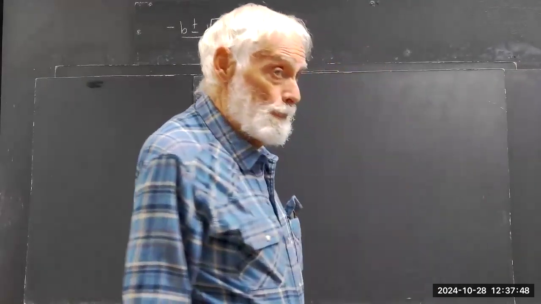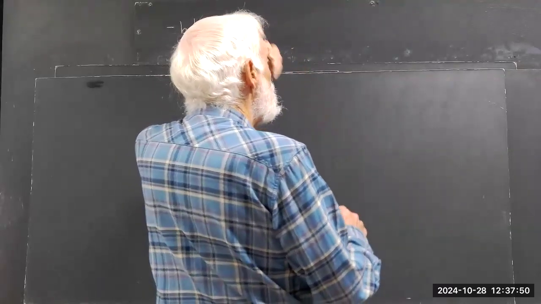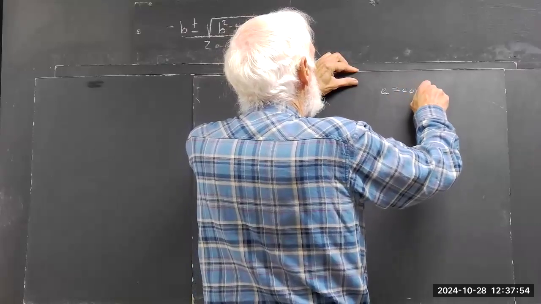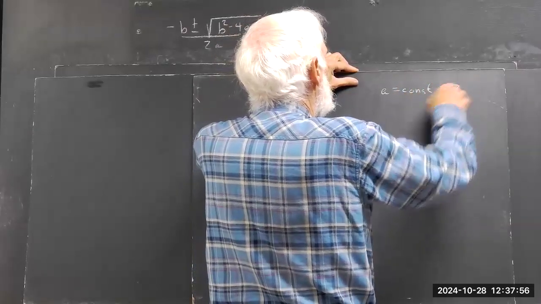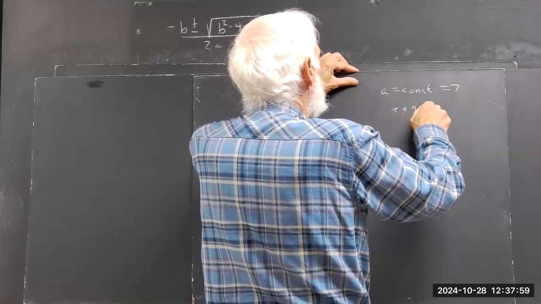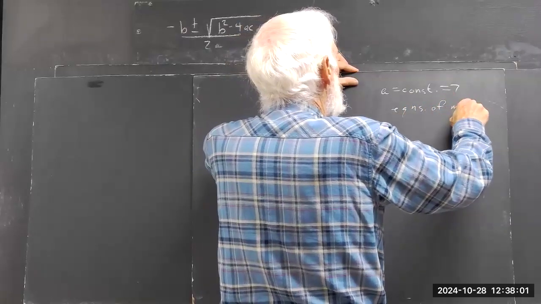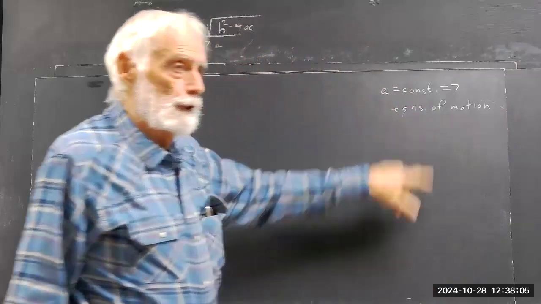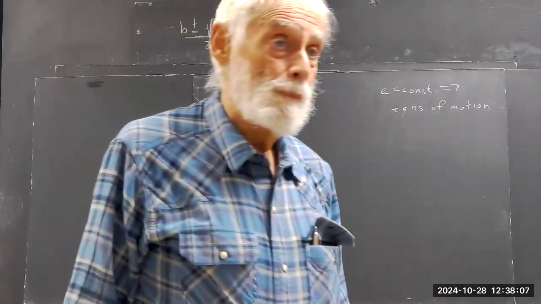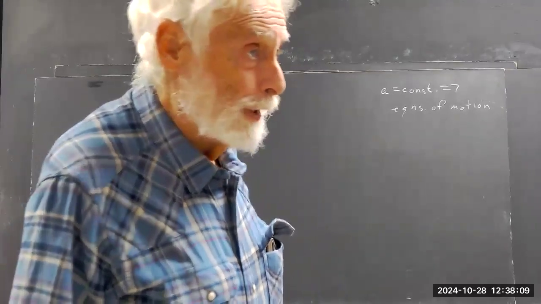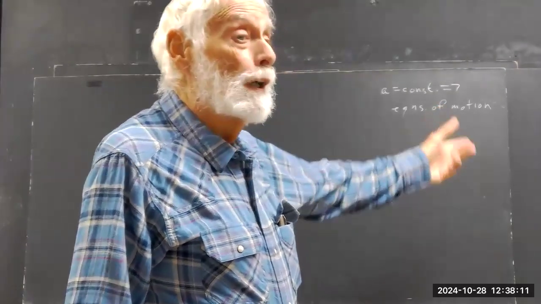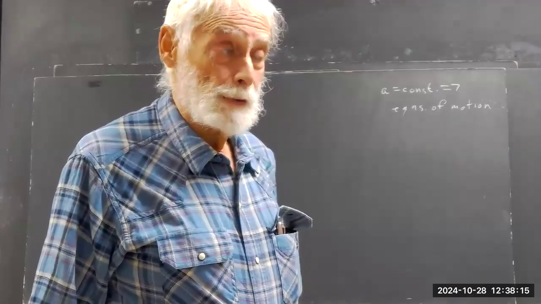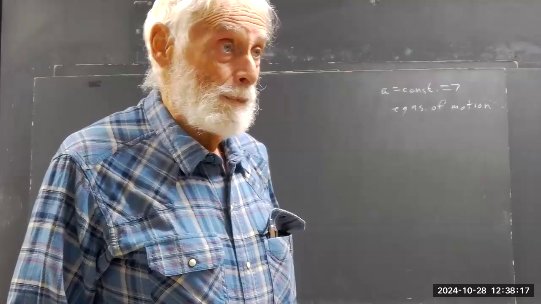What do you need to know? Acceleration is constant, you get the equations of motion. You should know that. You should be able to derive the equations of motion from that, although I won't be asking you to do that in the test.